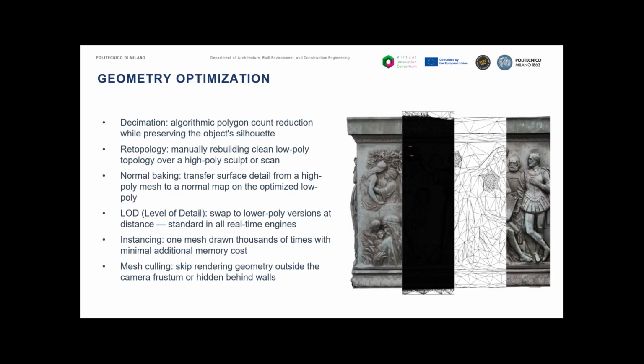We have LODs, levels of detail, which maintain multiple versions of an object at different polygon counts. We have instancing: render a single mesh, multiplied many times with minimal additional cost. That's essential for instances like vegetation, crowds, architectural repetitions. Then we have mesh culling, which skips rendering geometry outside the camera frustum or hidden behind other surfaces.